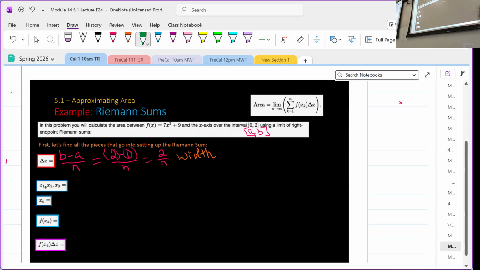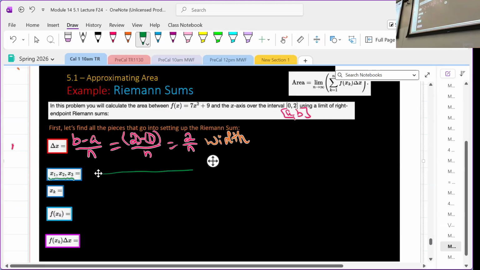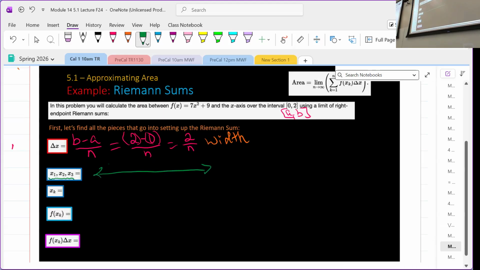Now, if I start looking at my first x values, so when we write the x sub 1, x sub 2, x sub 3 here, I like to do this using a number line. So my a value, which is x sub 0, in this case is the number 0. And then eventually my b value is 2.